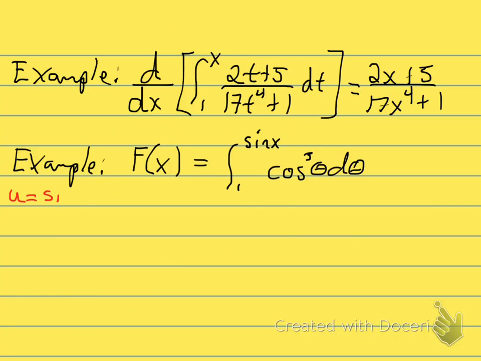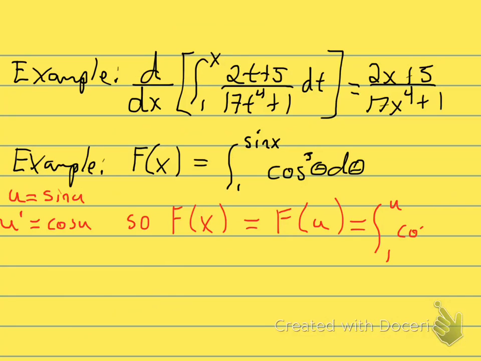So if we say u is sine x, then the derivative of u is going to be cosine x. And so big F of x is going to be the same thing as big F of the letter u, which is the integral from 1 to u of cosine cubed theta d theta.